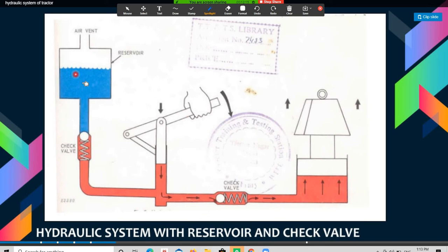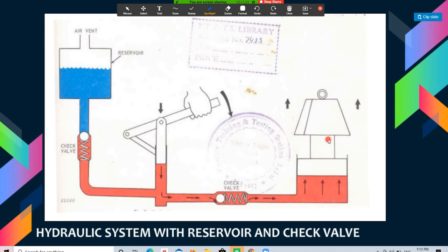When we operate that lever, it creates pressure on the high pressure oil, and it helps to raise the weight.